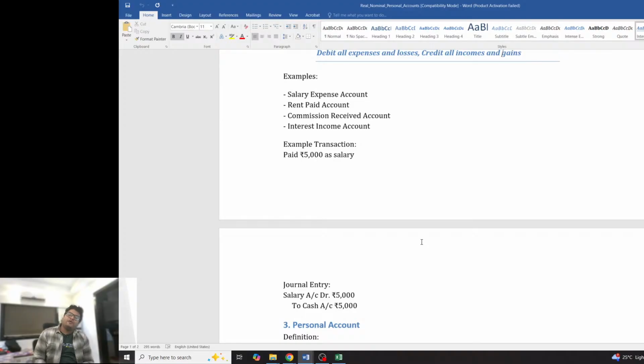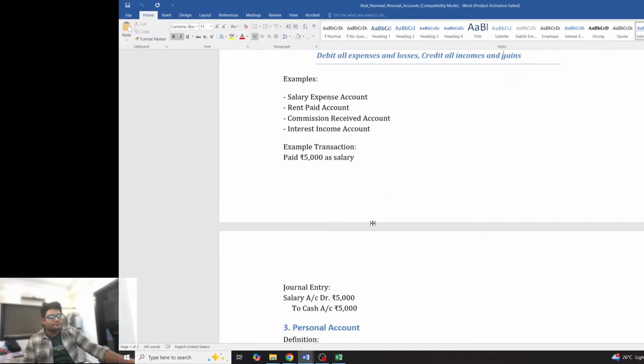If we are doing a cash payment of the salary, cash is a real account. What's happening to cash? Cash nature is debit, but it is going out, so we are going to credit that, right? Because that's going to decrease the cash balance. So the entry is going to be salary account debit to cash. That's the entry that's going to be there.